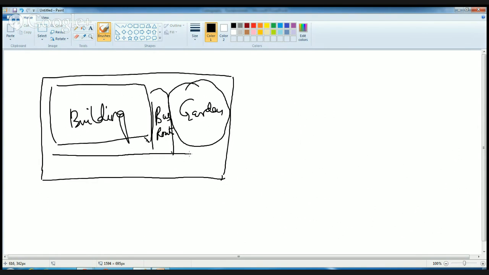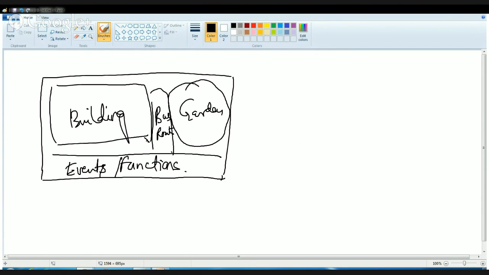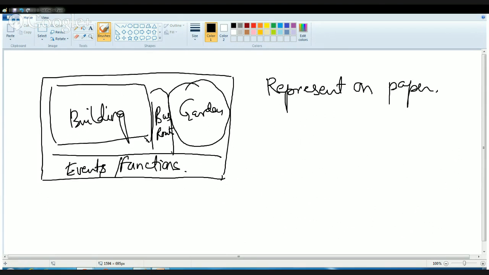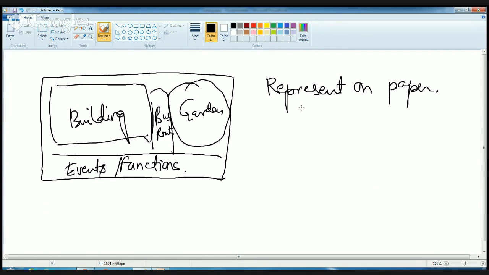And this is the area reserved for events or functions. So what I'm basically trying to do is show a map of the school. Whatever we are able to represent on paper from the real world, or whatever we are graphically representing, in more accurate terms, it is a graphical representation. So I am making a graph or a picture here to represent my school.